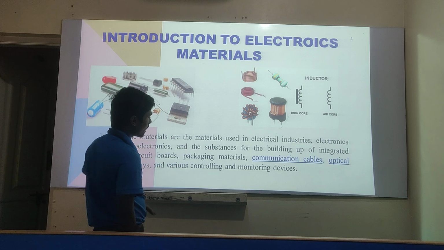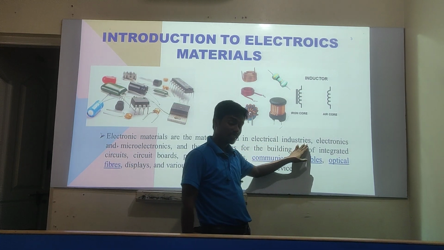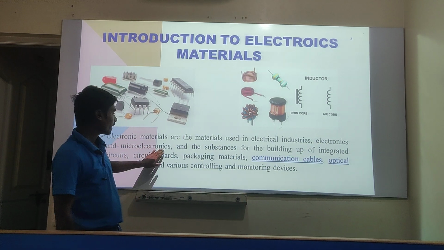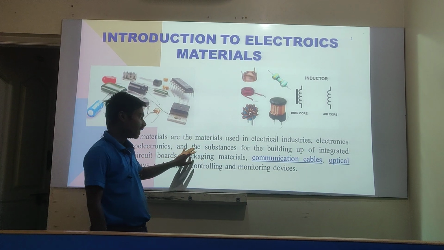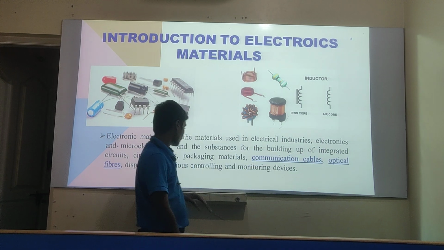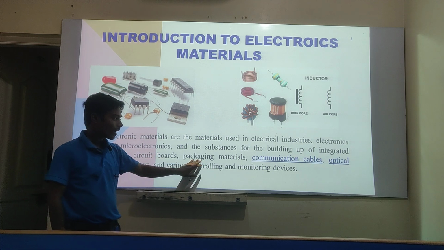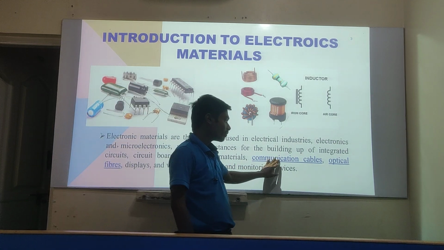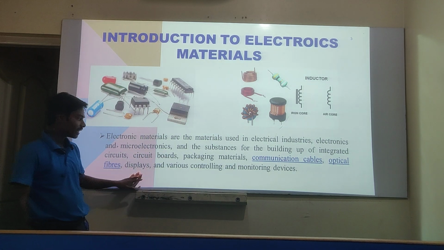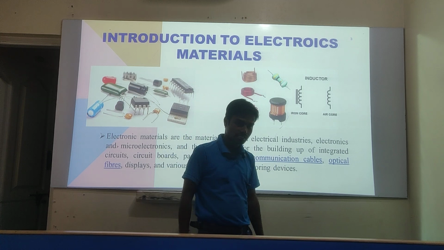Electronic materials are the materials used in electrical industries, electronics and microelectronics, and the substances for the building up of integrated circuit boards, packaging materials, communication cables, optical fibers, displays, and various controlling and monitoring devices.